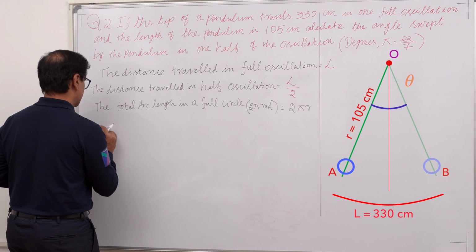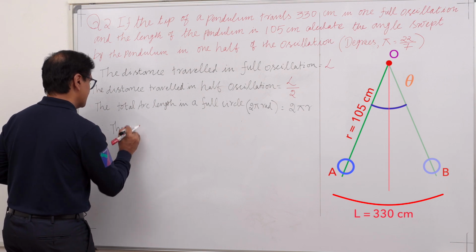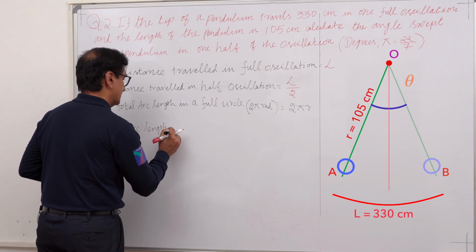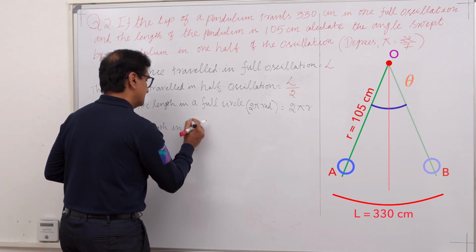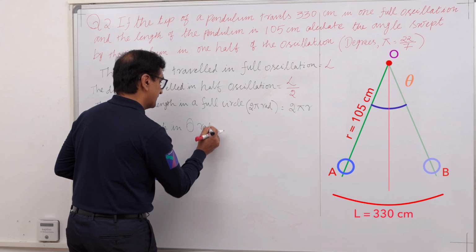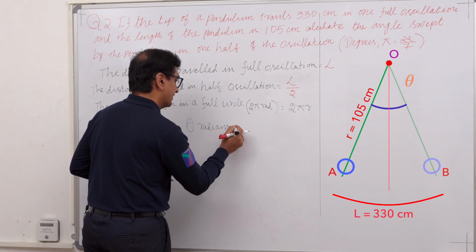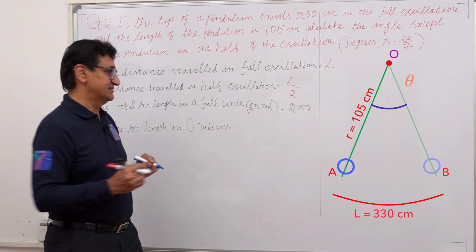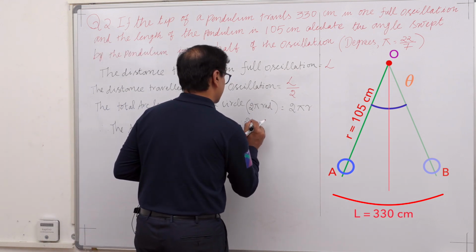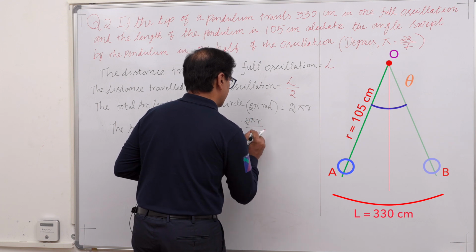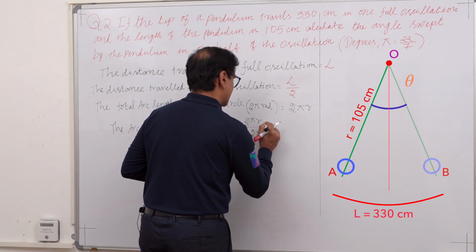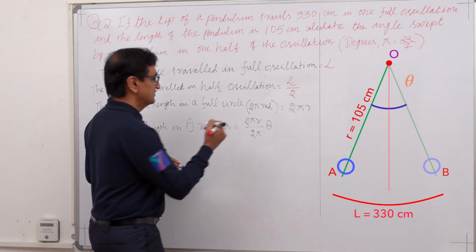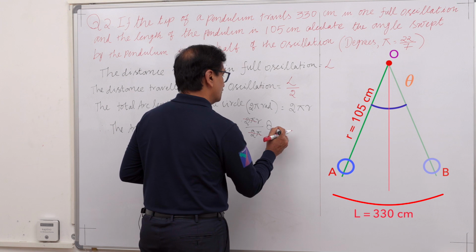Therefore, the arc length in theta radians equals 2 pi r divided by 2 pi multiplied by theta. So this is the arc length in theta radians. So 2 pi get cancelled, so you have r theta.